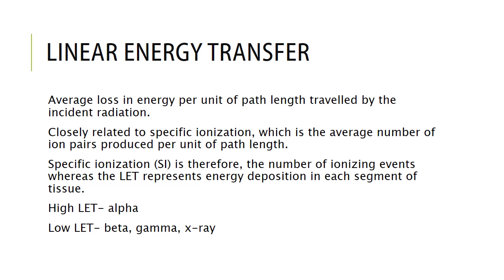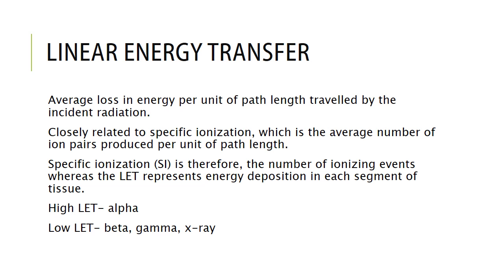Now, when you're talking about alphas, you can also talk about linear energy transfer. Linear energy transfer is the amount of energy transferred in a given distance by a particle moving through an absorber. Okay, so linear energy transfer is related, obviously, to specific ionization.